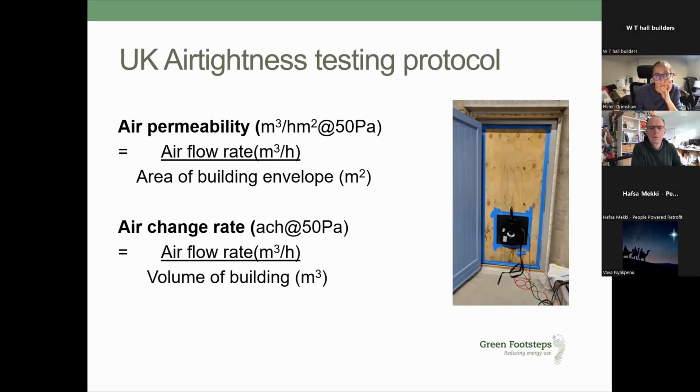For example, yesterday I was testing a property being done to the AECB level 2 standard, and it's a bungalow. Bungalows have quite a big surface area compared to their volume, so there's quite a difference between those two figures. Being clear with clients as to which standard you're working to is really important.